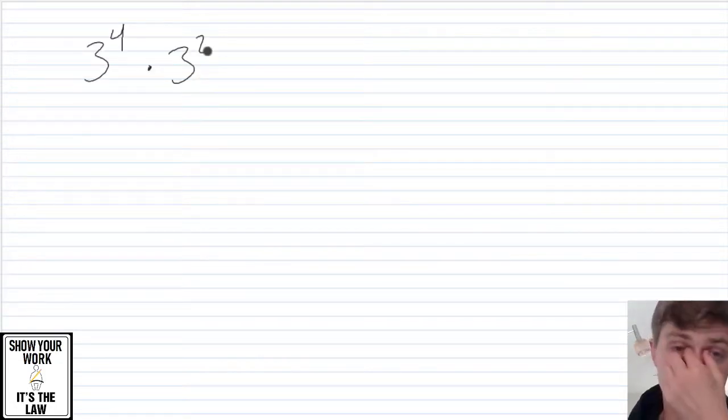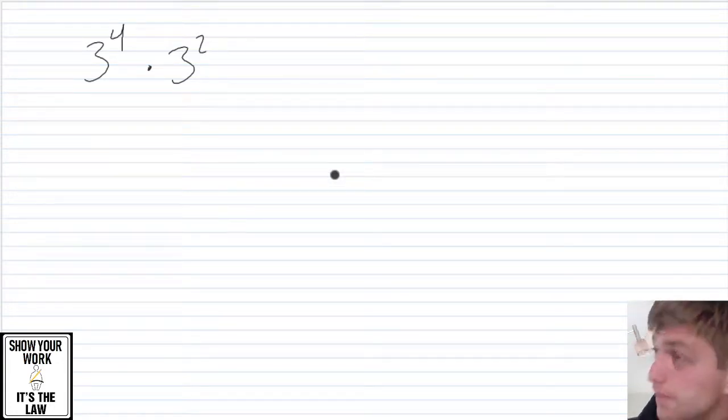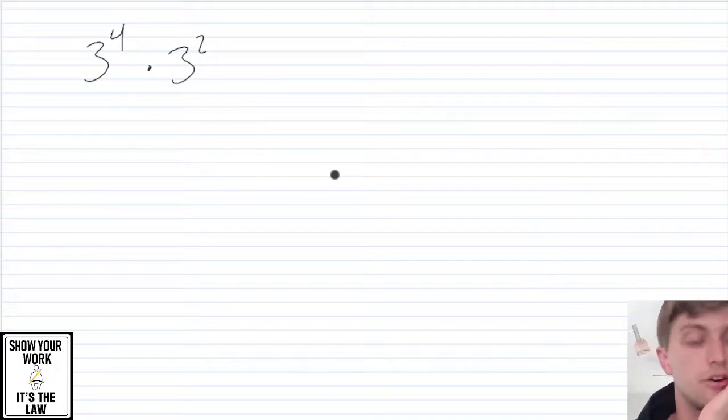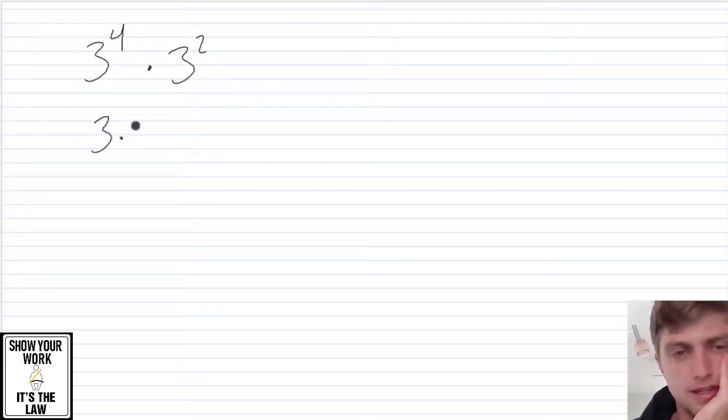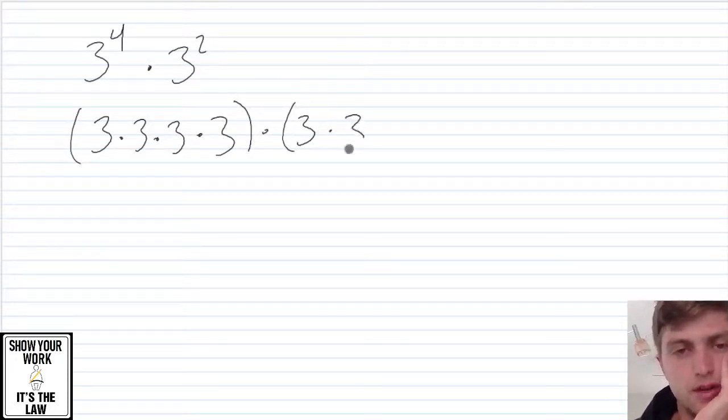Let's say we have 3 to the power of 4 times 3 to the power of 2. How can we combine these? Actually, we're going to do it counterintuitively. Let's break it apart. 3 to the power of 4 means 3 multiplied by itself 4 times, and 3 to the power of 2 means 3 multiplied by itself twice.